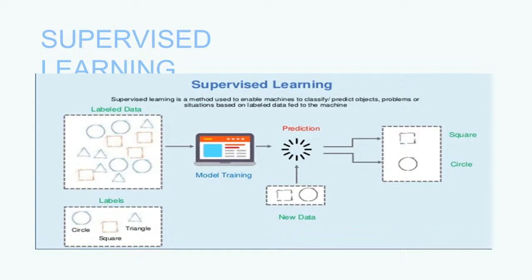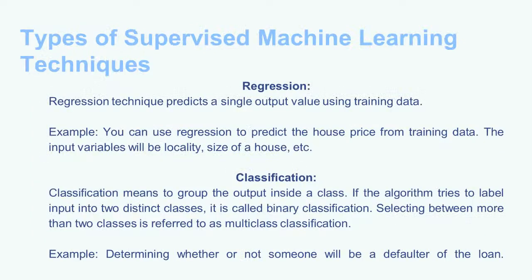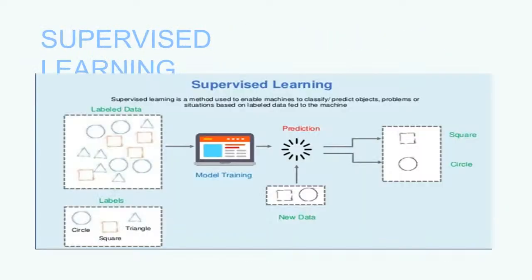Under supervised learning, you can apply the logistic regression algorithm. These are the algorithms you can apply: Naive Bayes, KNN algorithm, decision tree algorithm, support vector machine, and random forest algorithm. These are the algorithms presented under supervised learning.